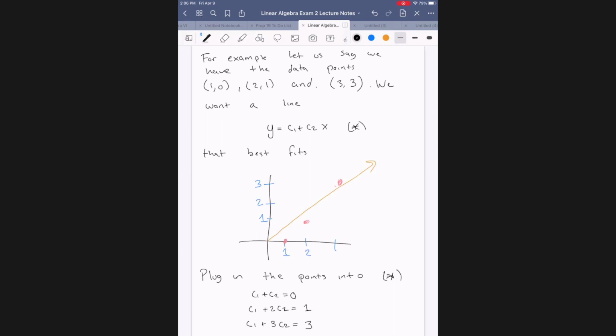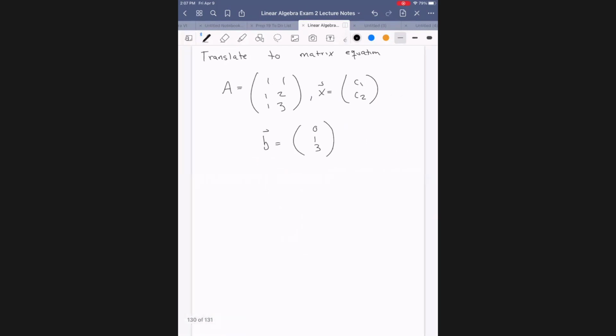So the best fit line would be the one that goes through all 3 points, right? But since we're saying it doesn't go through all 3 points, we're just trying to find the best fit. Obviously, this isn't going to have a solution. So we can say AX equals B is inconsistent.